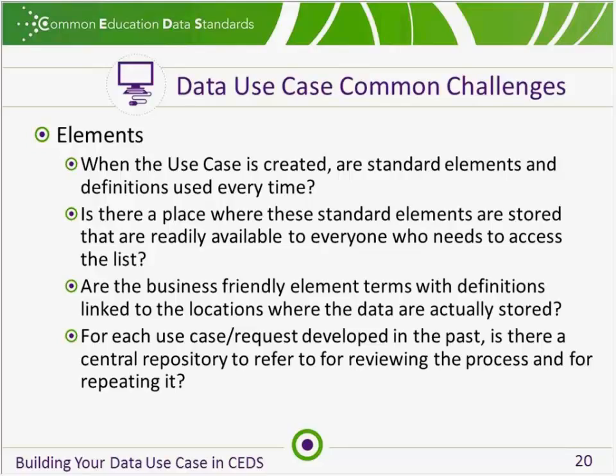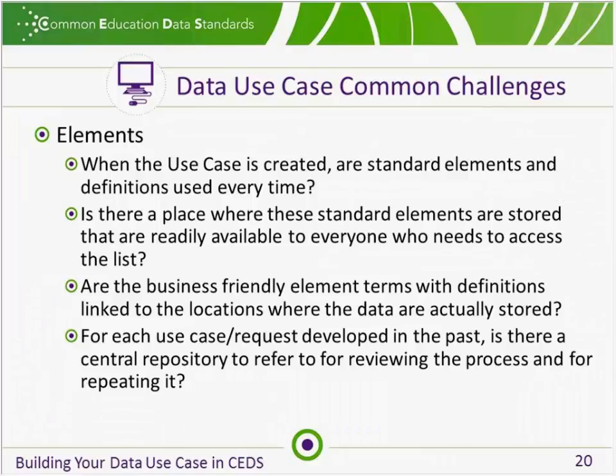So the variations in the vocabulary and the definitions will mean variation in the transformation process, and it'll mean variation in the output. So does the agency have a place where these standard elements are stored that are readily available to everyone who needs access to the list, essentially a data dictionary? Are the business-friendly element terms with definitions that are all agreed upon linked to the locations where the data are actually stored, which makes it easier to transition from user-friendly names to the storage location for pulling the data?